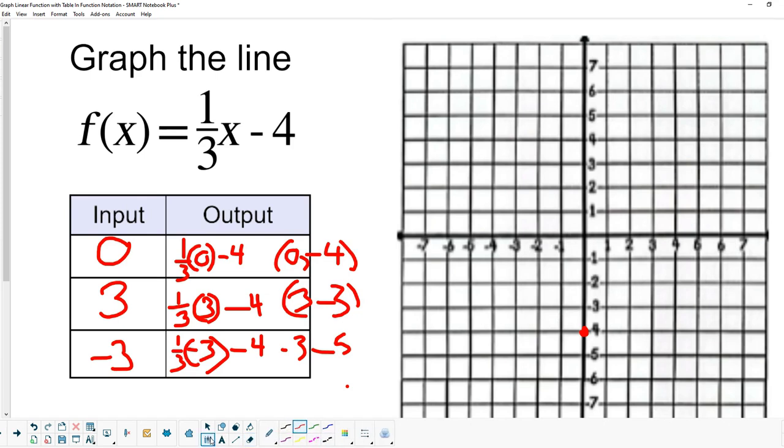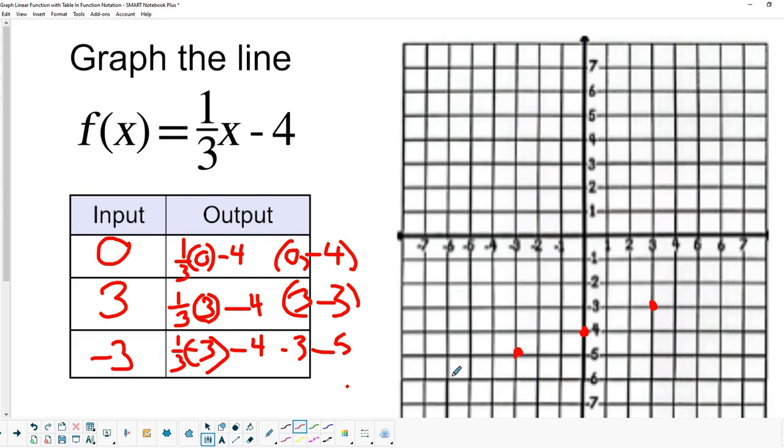So let's get back on track there. When we graph that one, we're going to go over 3 and down 1, 2, 3. And then the next one, we're going to go back 3 and down 5. So 1, 2, 3, 1, 2, 3, 4, 5.